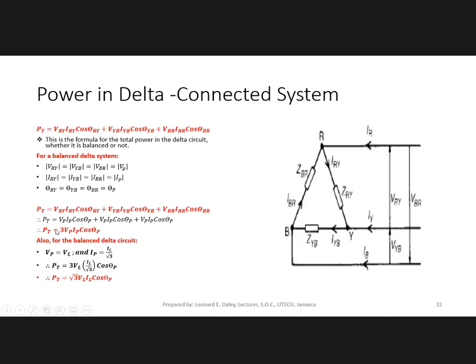So the total power for a balanced delta system now is 3 VP IP cos theta P. And you will realize that it's the same formula as before.